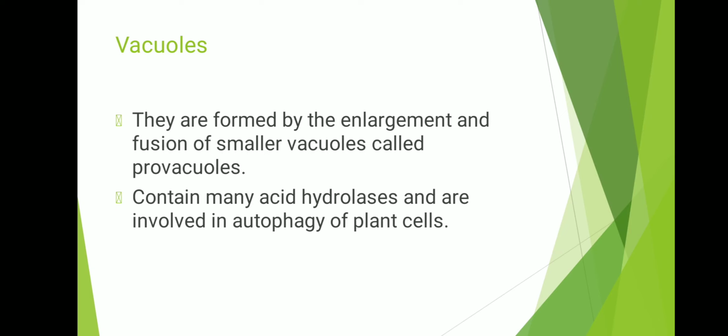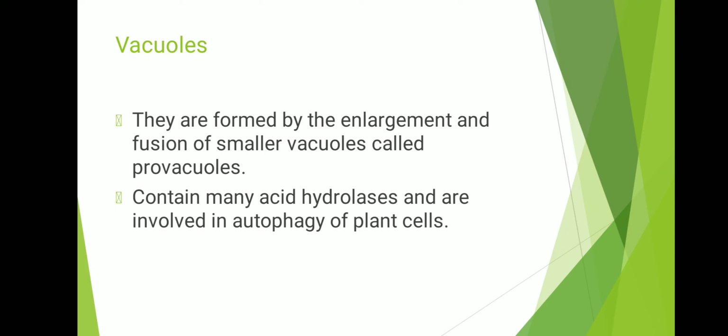From the Golgi bodies they form small vesicular structures. These are called provacuoles. When different provacuoles join together, they form a large vacuole. They have different types of acid hydrolases present in them.